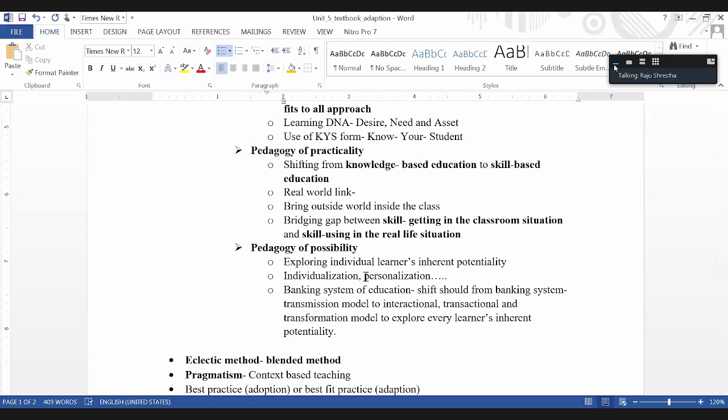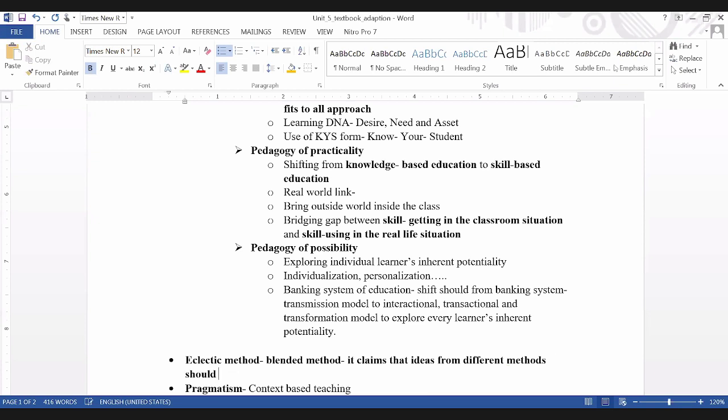Okay. And here eclectic method also, this is blended method, and it claims that ideas from different methods should be borrowed while designing activity, or while using different activities and methods in the classroom.